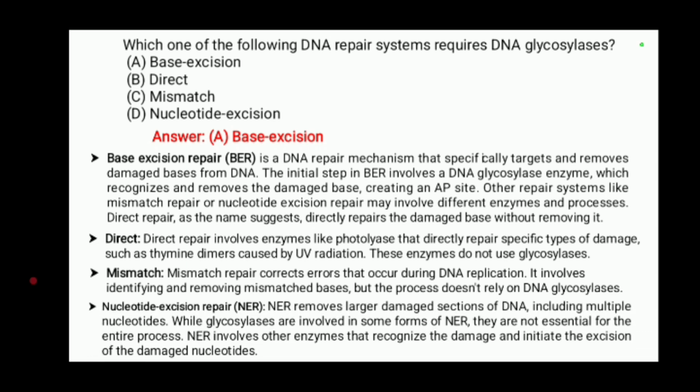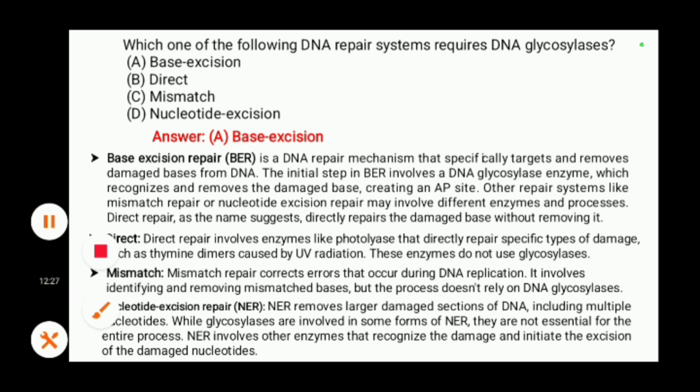Next is nucleotide excision repair. Nucleotide excision removes larger damaged sections of DNA, including multiple nucleotides. While glycosylases are involved in some forms of nucleotide excision repair, they are not essential for the entire process. It involves other enzymes that recognize the damage and initiate the excision of the damaged nucleotides.